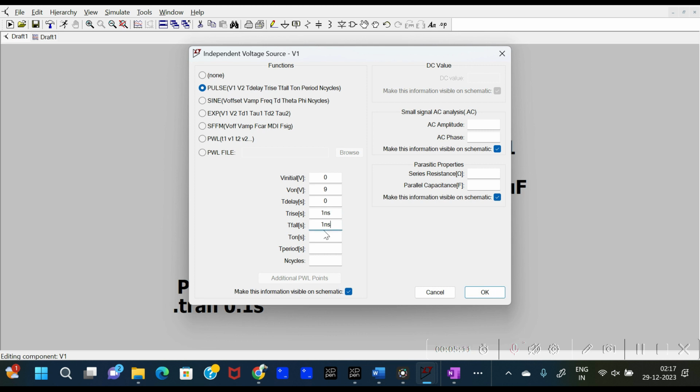T on, which is important here, is 0.1 milliseconds, and the period is 0.2 milliseconds. So it will repeat every 0.2 milliseconds, as it is periodic. The number of cycles, let's keep it as 50, then click OK. Go to the run button.